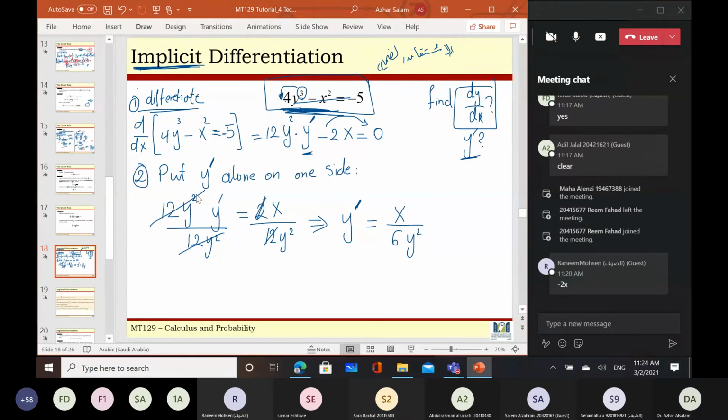Okay, the next step, or the second step, is to put y dash only on one side, alone on one side. I have to put y dash equals, meaning I solve this equation for y dash, put y dash alone on one side and everything else on the other side. It is necessary that y dash is alone on this side. Okay?